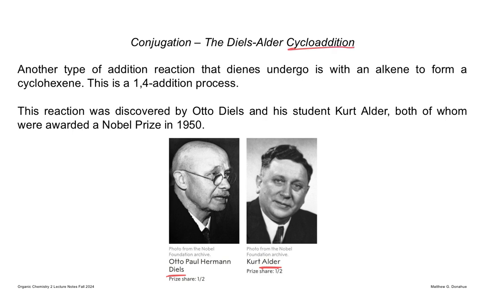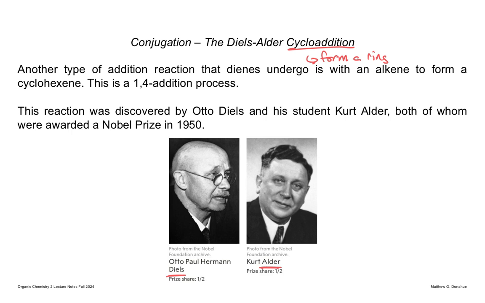Cycloaddition is more of an organic chemistry term. Cyclo means cyclic, and addition is what we're studying now. So a cycloaddition is going to form a ring. Essentially what we're doing is forming 6-membered rings.